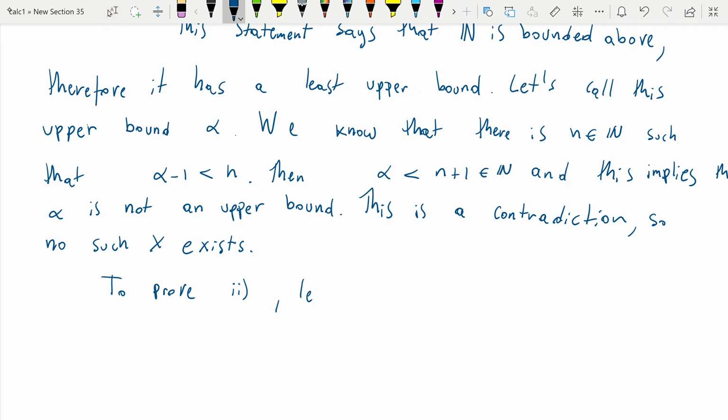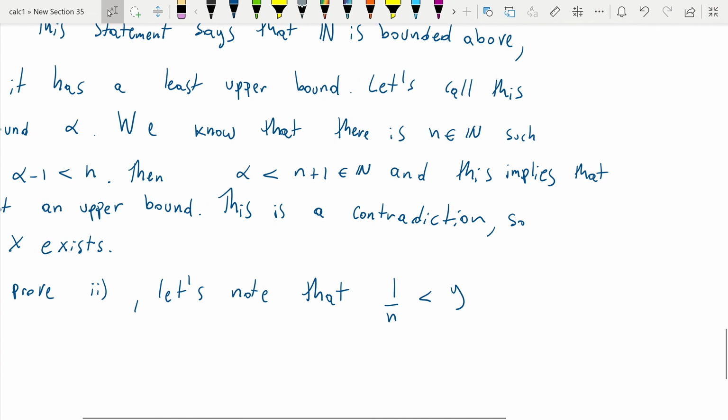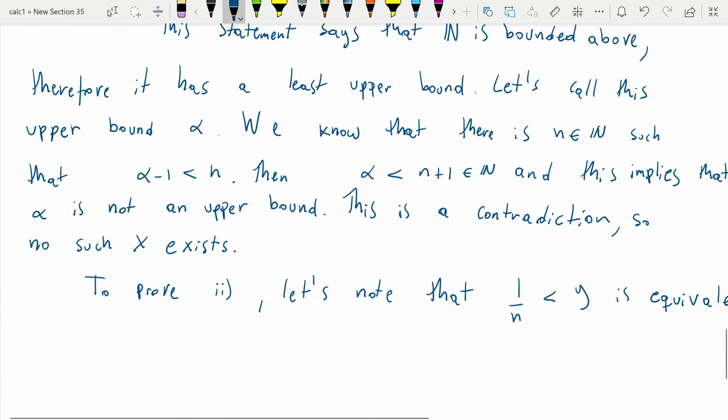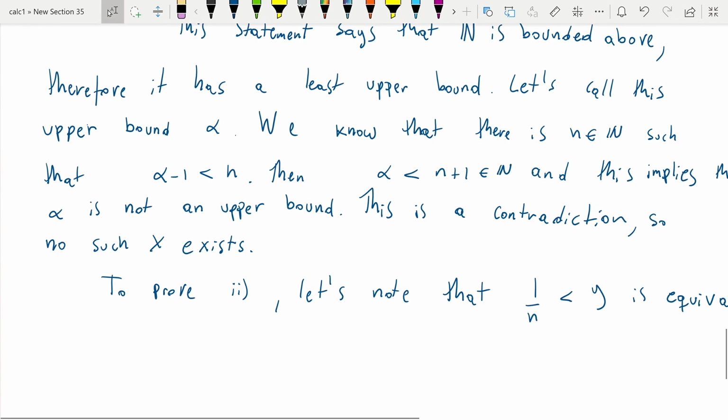Let us note that 1 over n being less than y is equivalent to 1 over y being less than n.